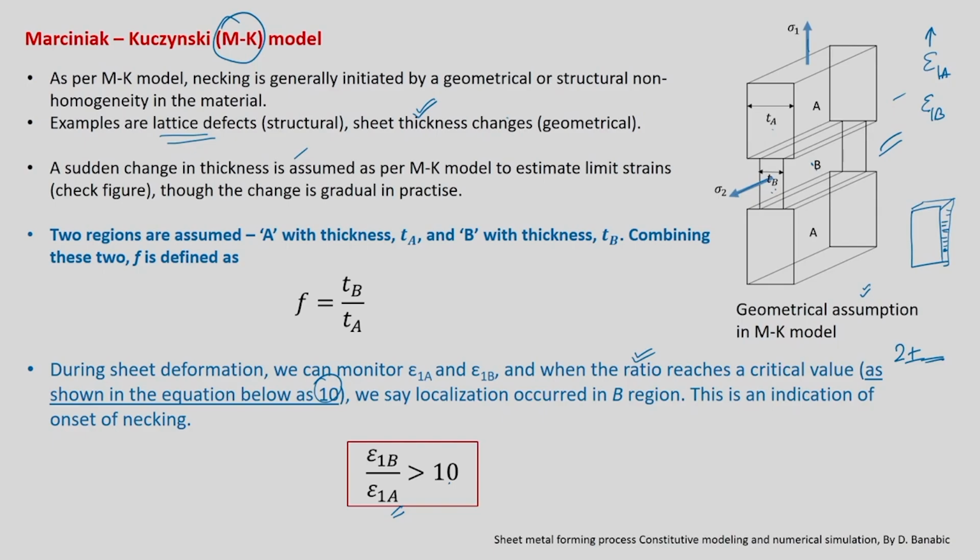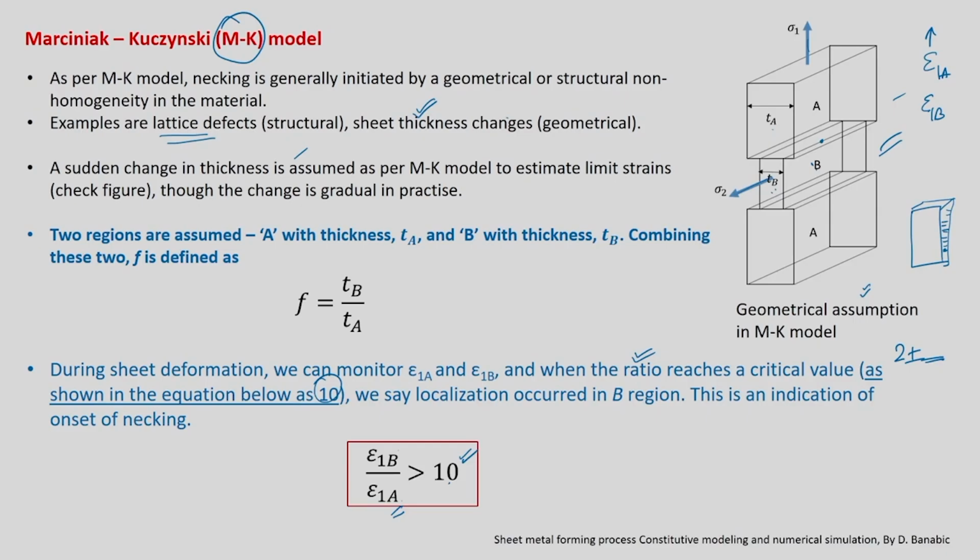So, I am going to simply monitor epsilon 1B with respect to epsilon 1A. Once it reaches 10 or just crosses 10, I am going to say that the material is going to neck. At that stage I am going to pick up epsilon 1 star and epsilon 2 star closer to B, probably in A, to call it limit strains.